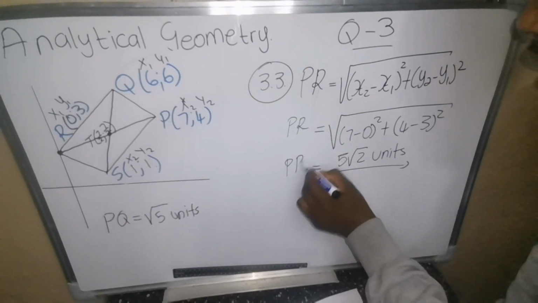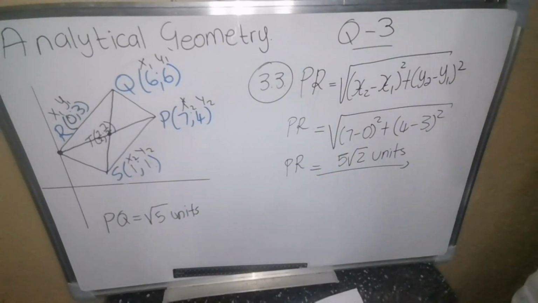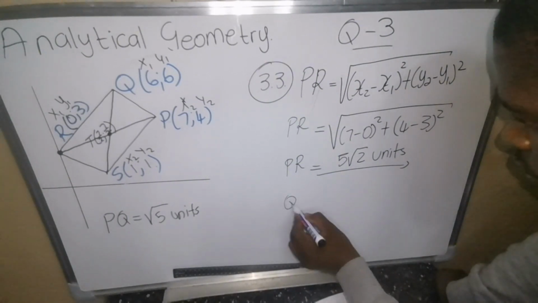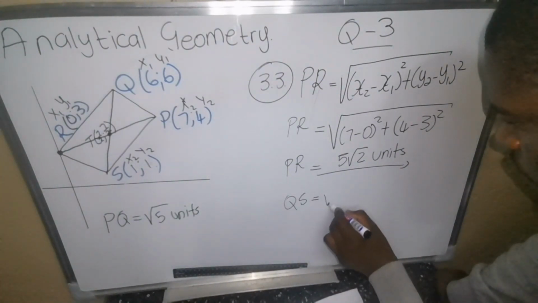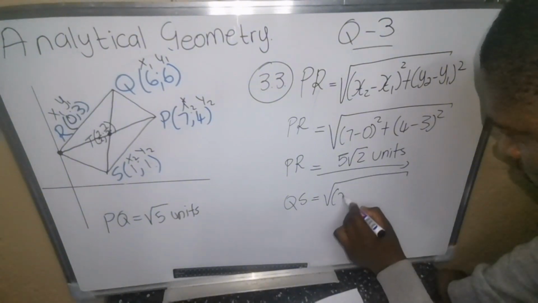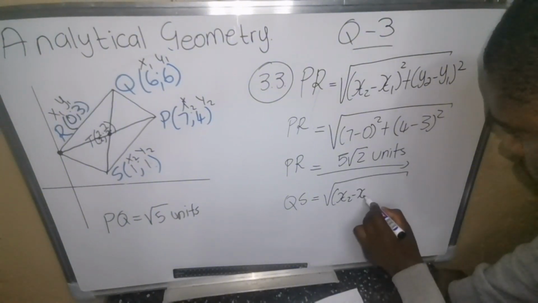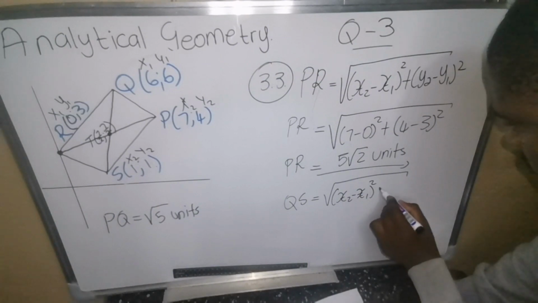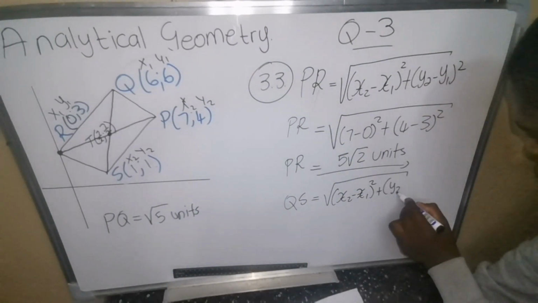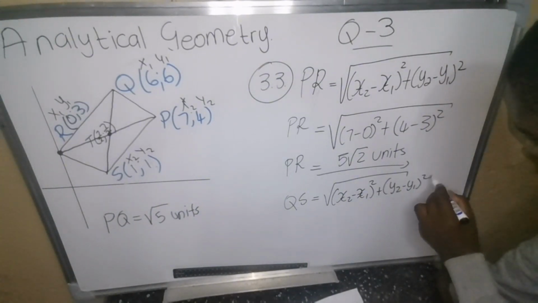Now for us to prove that they're equal, the length of QS should also be equal to 5 square root of 2. So the length of QS is equal to the square root of (x2 minus x1) squared plus (y2 minus y1) squared.